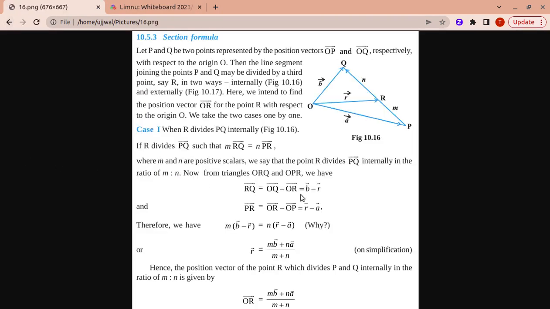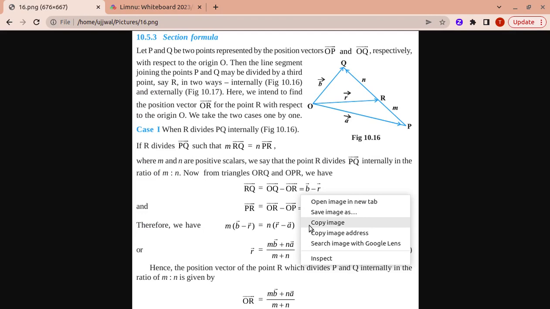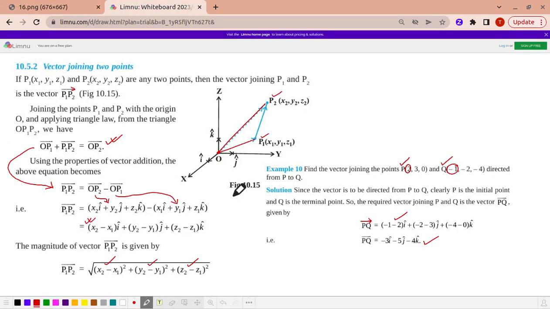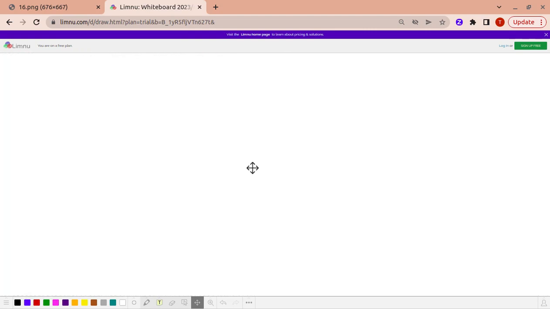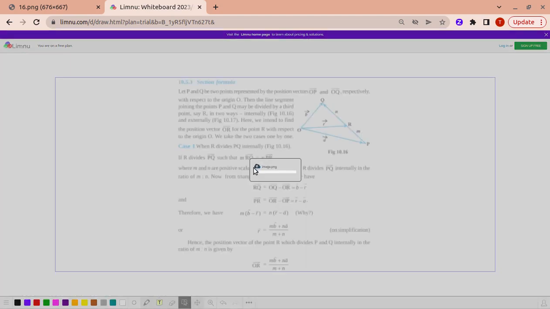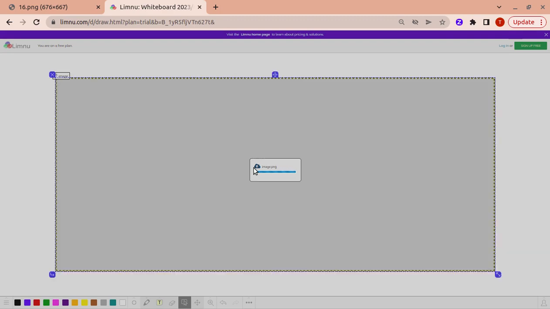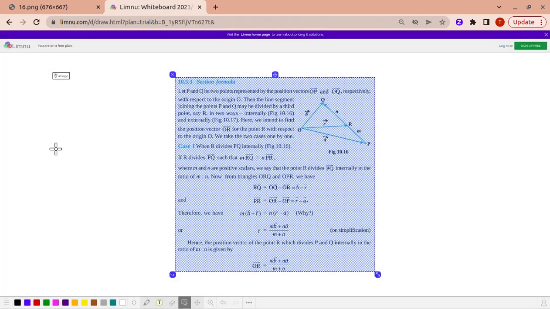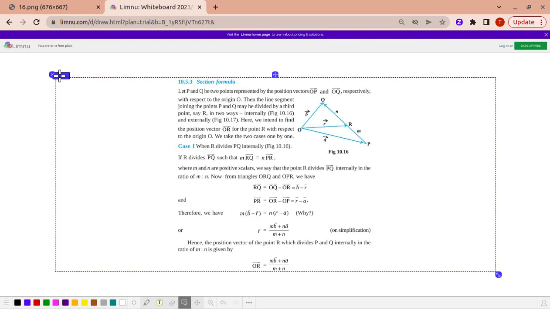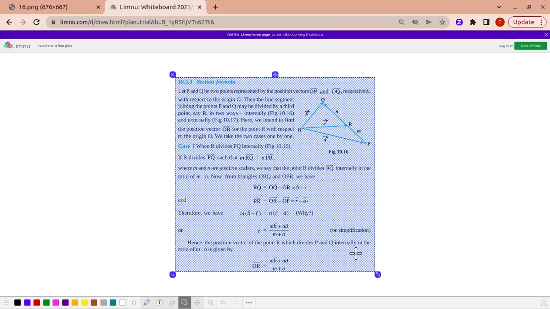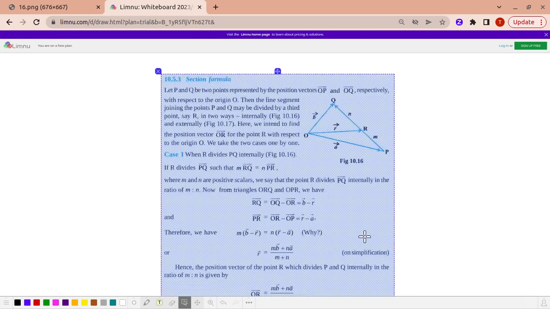Now let's move to the next one, and that is the section formula. So dear students, in the section formula, what we are going to discuss is this: let us consider the 2 points P and Q, as you see in the adjoining diagram.